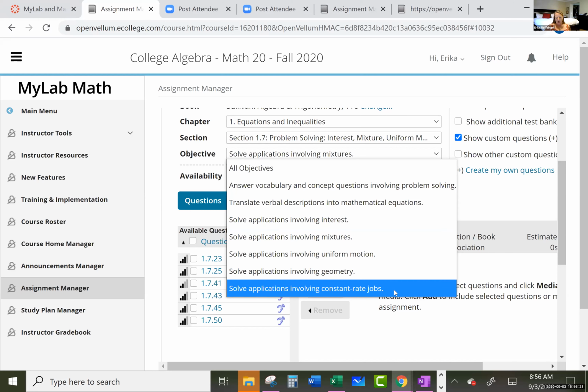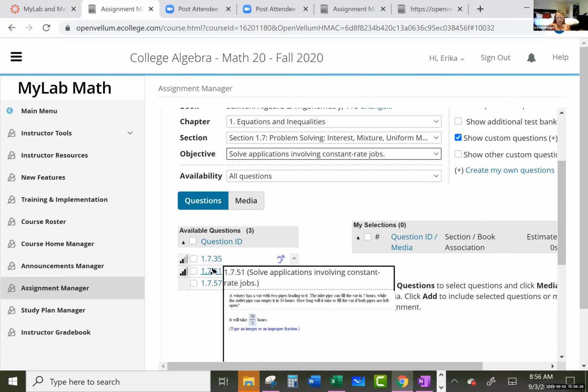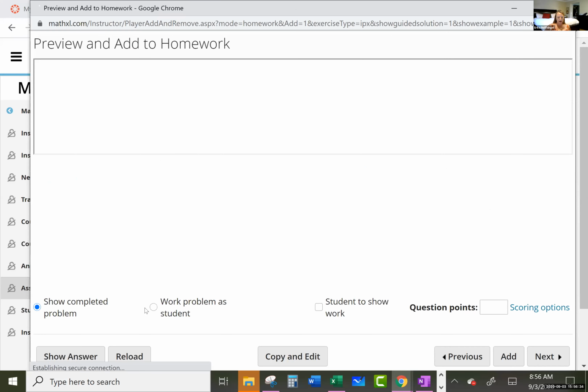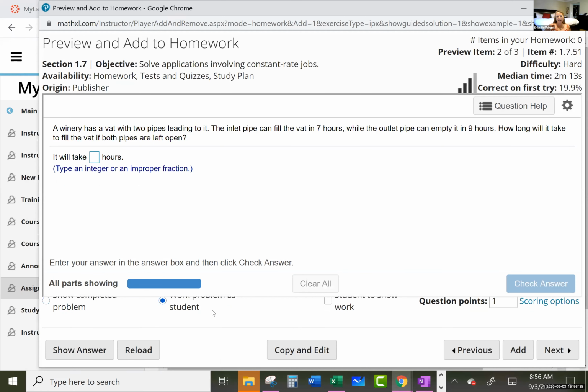Let's do a constant rate problem. Okay, so these are types of word problems where you have one person or one machine that is doing a job, and then you have another person or another machine doing the same job, and if you work together, how long would it take us?